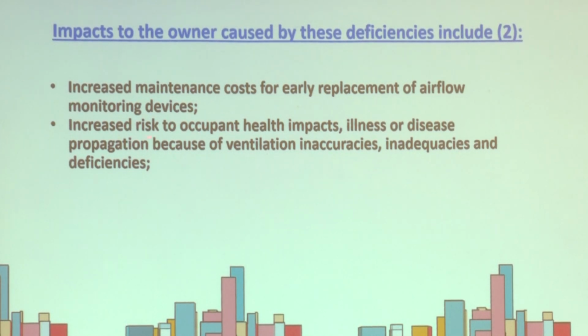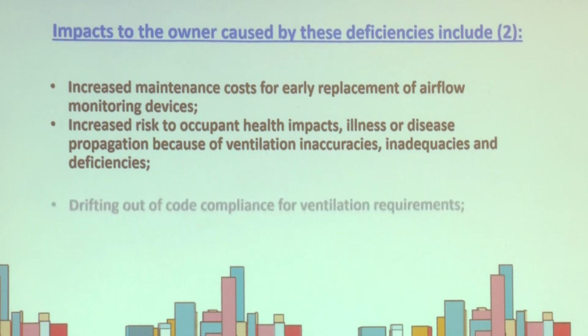And then, of course, they have an increased risk to occupant health impacts, illness and disease because the ventilation is inaccurate or deficient. So the owner is having to pay for all these things that they should not have to pay for if this thing was designed and installed correctly.